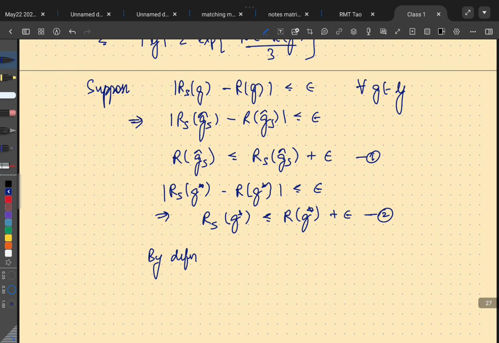And by definition, since G S hat is the one that minimizes the empirical risk, R S of G S hat should be less than or equal to R S of G star. Because by definition, G S hat is that function G that minimizes R S, the empirical risk.